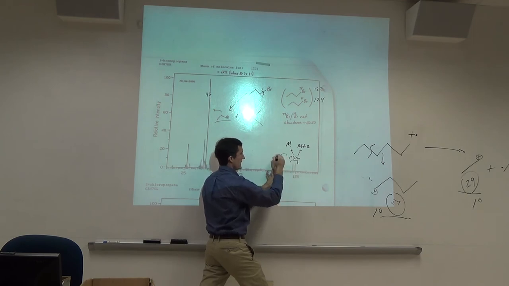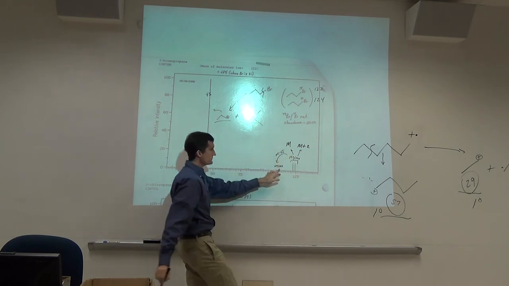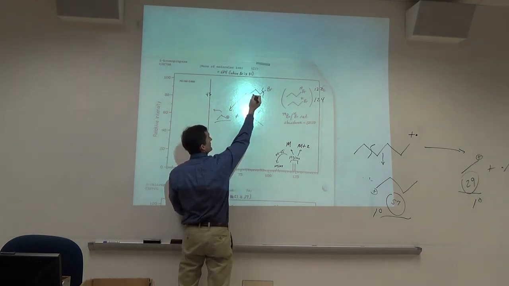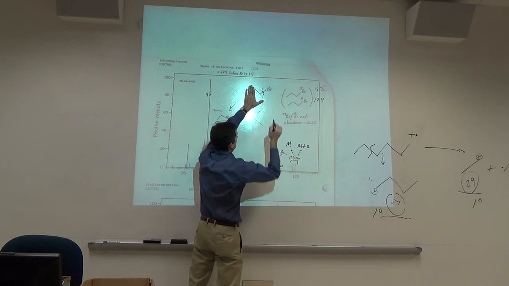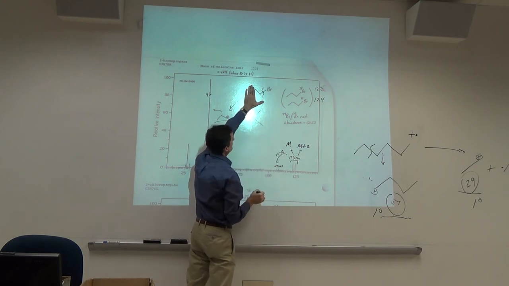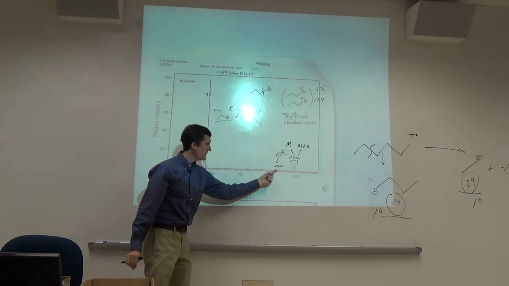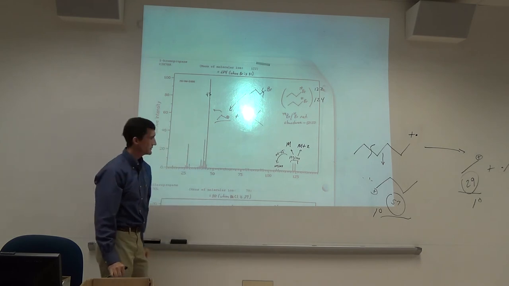This is M minus 15. That's where it lost out here. That stayed charged. Because it has bromine, it's 107, 109, but it's M minus 15. So you can tell that that's isotope pattern.